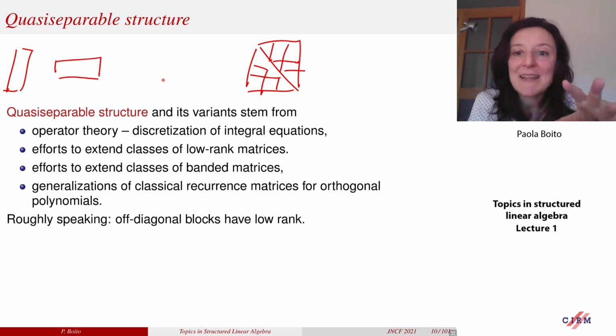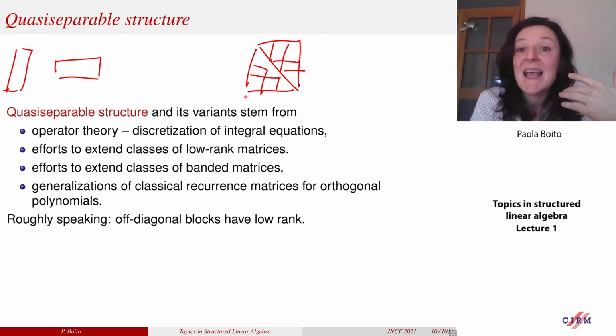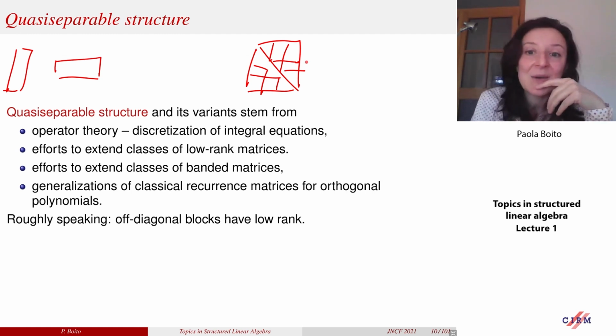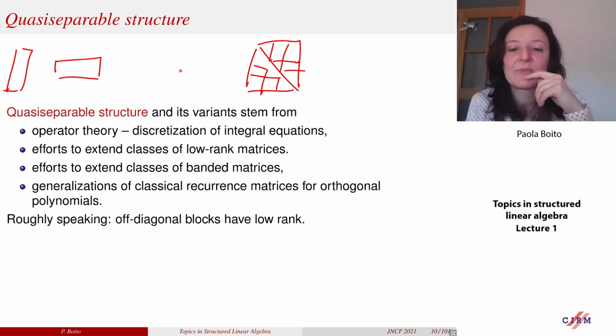If we split the structure and think we have one kind of rank K low-rank structure in the upper triangular part and another kind of low-rank structure in the lower triangular part, then what we obtain is a quasi-separable structure.